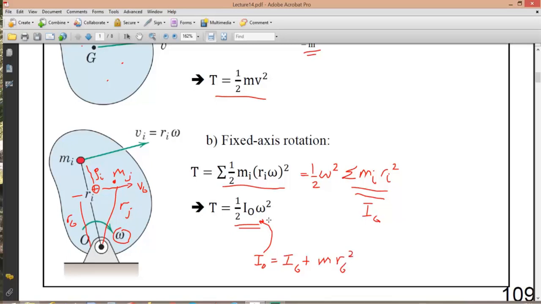Now, if I substitute this information here, what I would have as a result of that is the kinetic energy is equal to 1 over 2 mass moment of inertia calculated about the mass center, omega squared, plus 1 over 2 m times Rg omega squared.